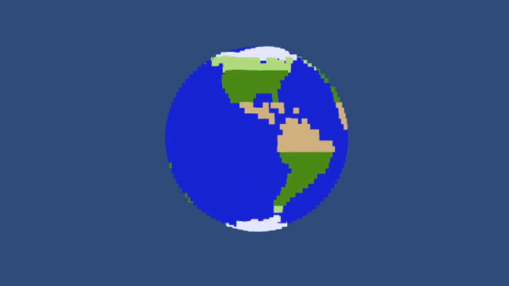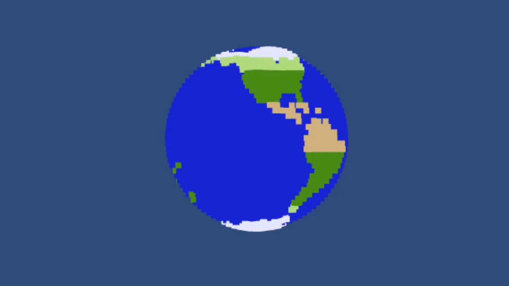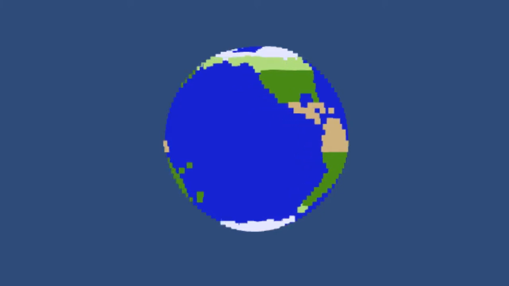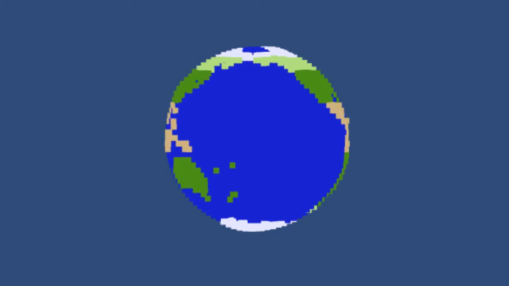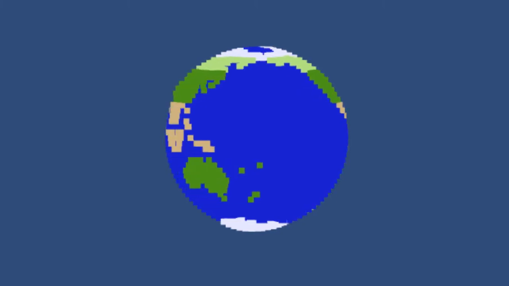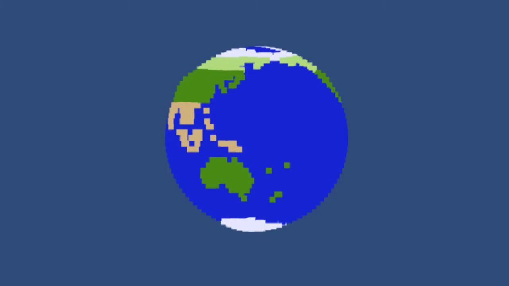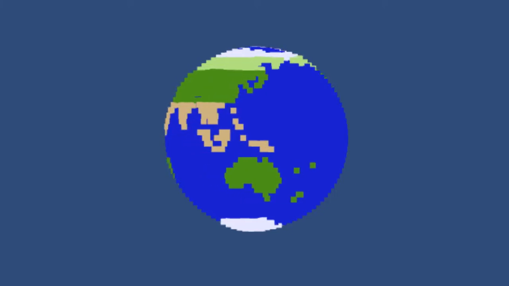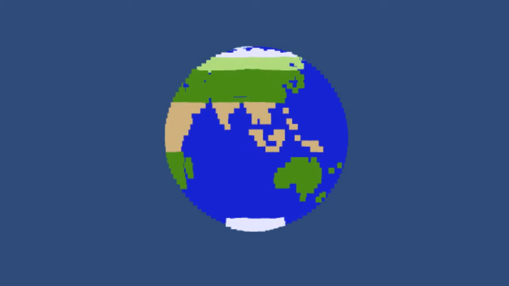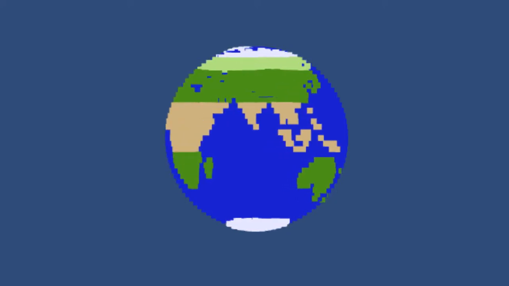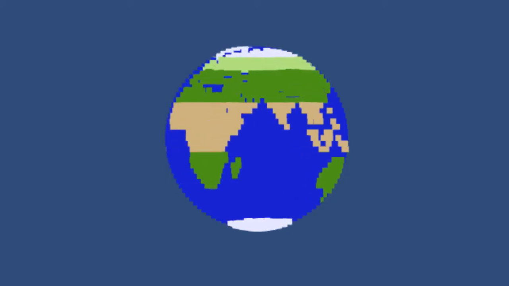If you remember, the spherical coordinates I used to calculate the positions of each pixel in the globe take three arguments: radius, polar angle, and elevation angle. I used polar angle to rotate the globe around the y-axis, so it's natural to assume that the elevation angle could be used to rotate with respect to the x-axis.